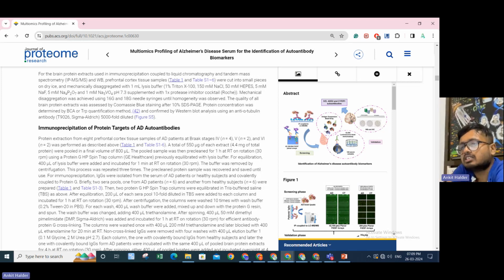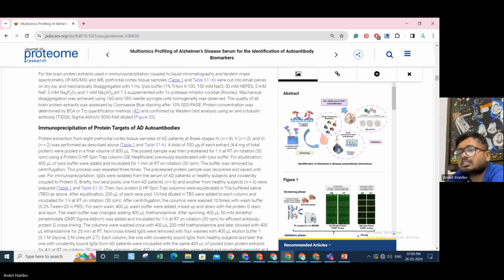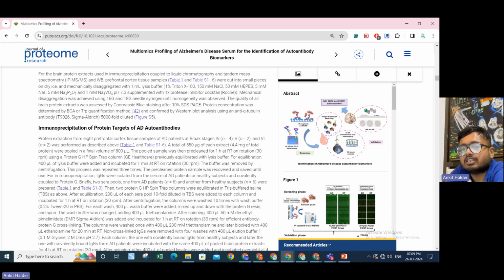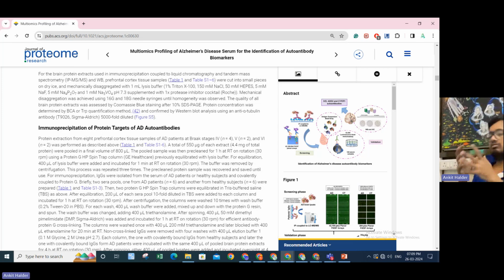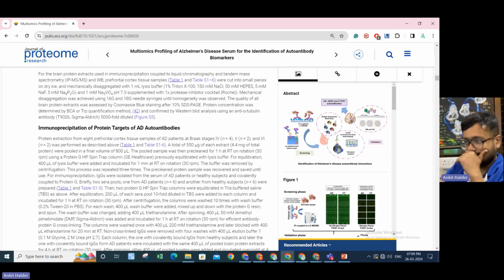So these have been identified, right? And then there is the autoantibody validation and all those things. Basically, this is how you are analyzing and getting it.